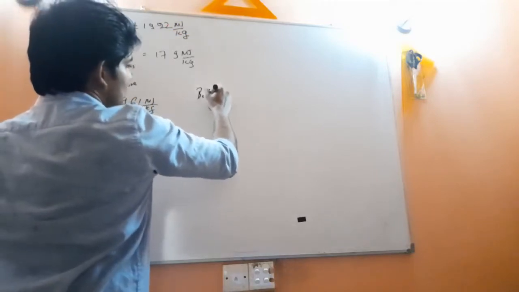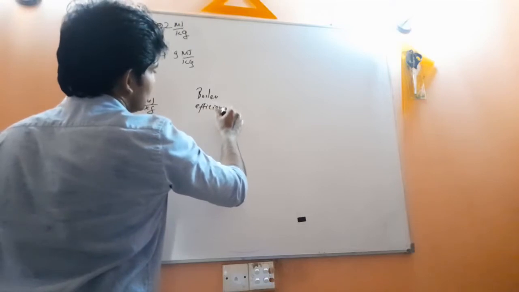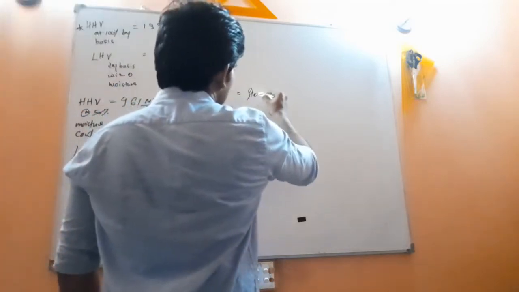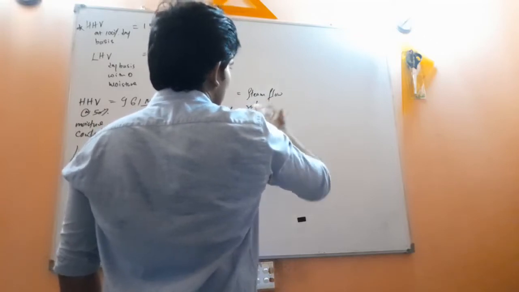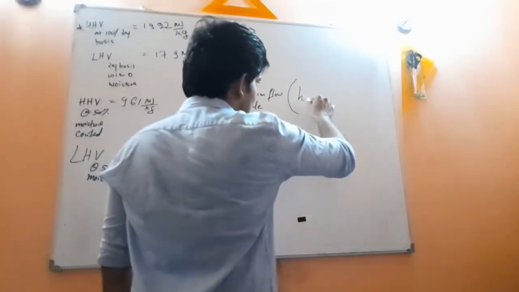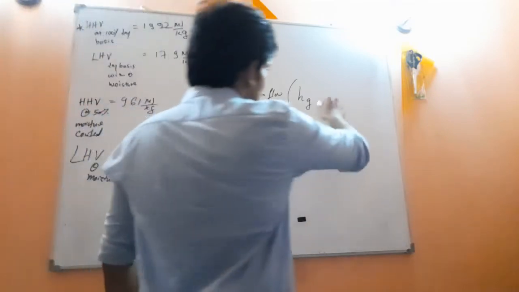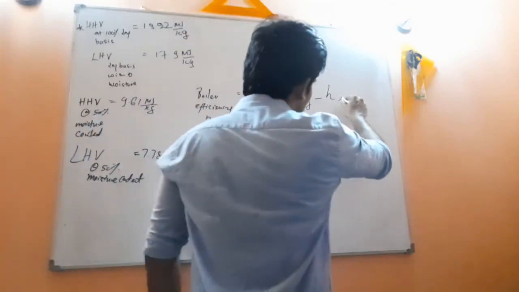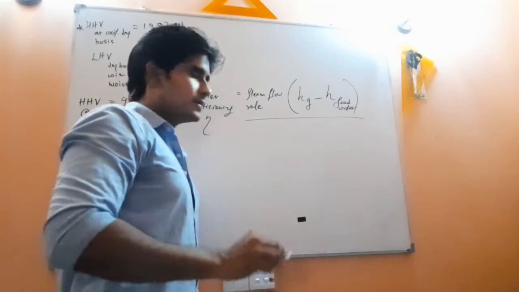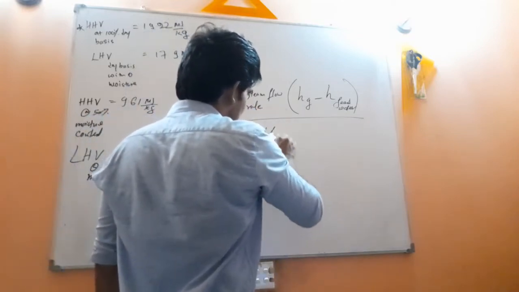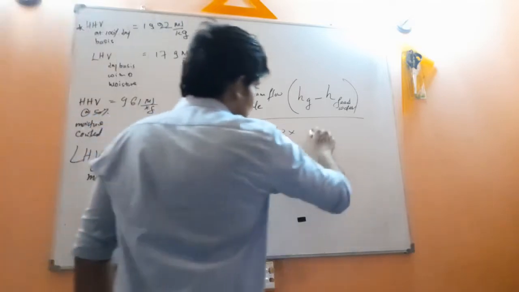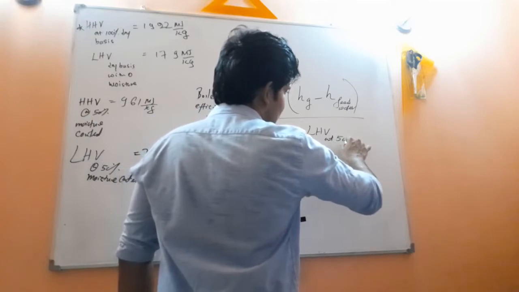Let's say boiler efficiency eta equals steam flow rate times enthalpy of steam, let's say Hg, minus enthalpy of feed water, divided by fuel flow rate multiplied by the value that you have calculated here, lower heating value at 50% moisture content.